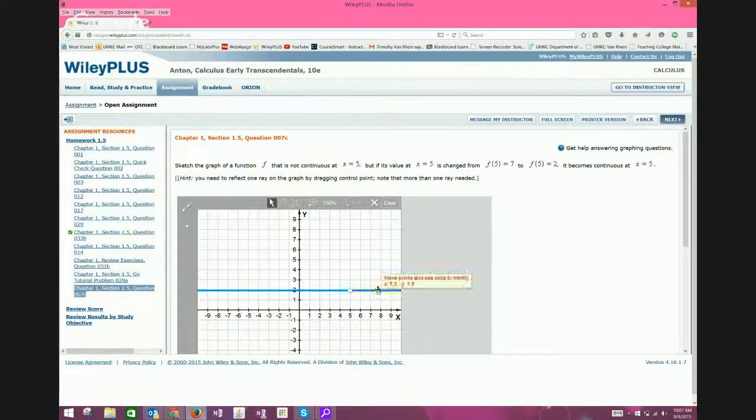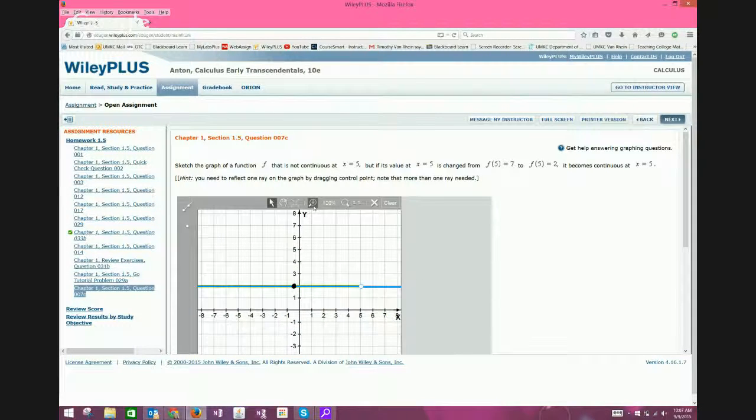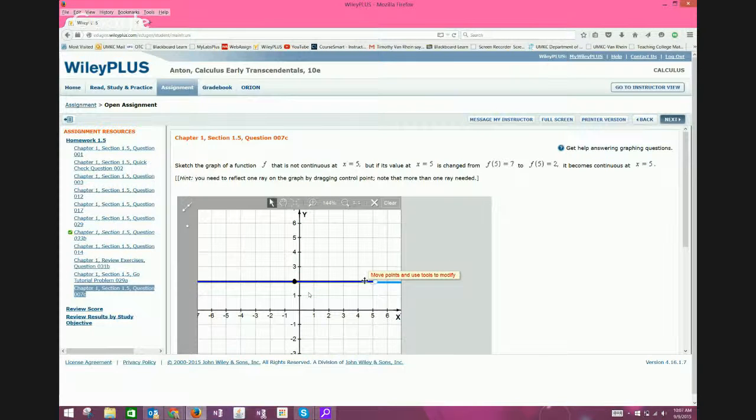And just depending on what you're using, I have my laptop and it's kind of making it difficult to use. I need to get a mouse out. You can zoom in. Sometimes zooming in makes it a little easier to deal with. So my y value is 2 there.